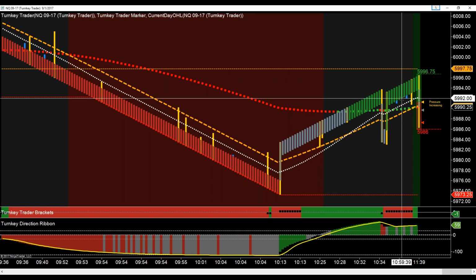But then we do have a higher risk of getting stopped out when there is a retracement. So something to keep in mind.